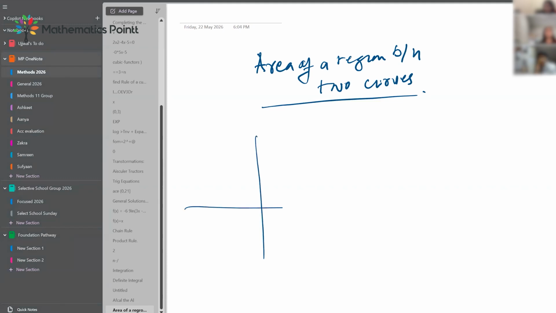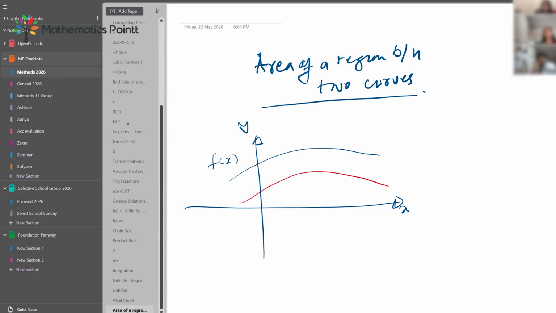So let's say I have two functions. This is x, y. Let's say this is f of x, and there is another function g of x.